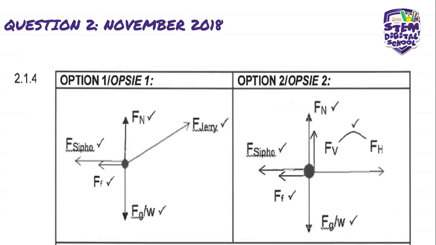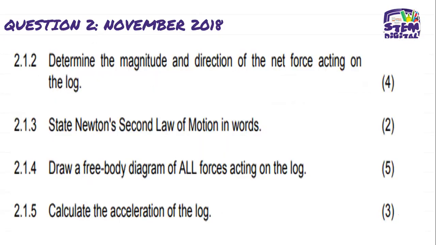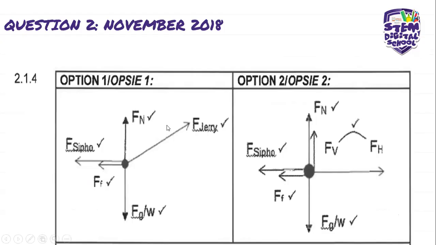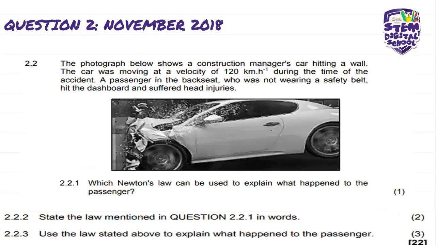Now, question 2.2. Sorry about that. It's now part of question 2, but it speaks to a different scenario. It says, the photograph below shows a construction manager's car hitting a wall.